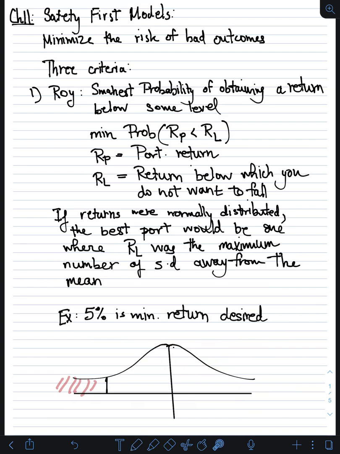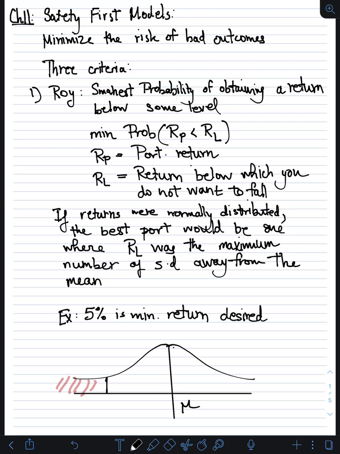So basically, RL would be the maximum number of standard deviations away from the mean of a normal distribution. Where's the mean located in a normal distribution? Right in the middle. We call that mu, and we'll call the standard deviation sigma.